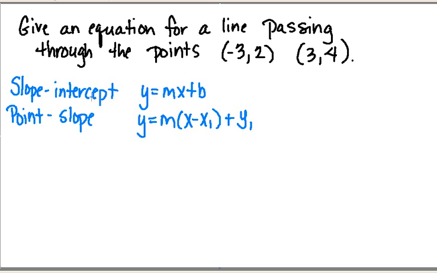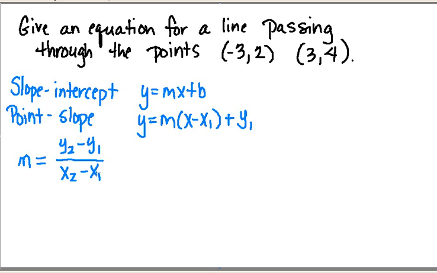But regardless of which equation I'm going to use, my first step is to calculate the slope. The slope of the line can be defined as the change in y over the change in x. More exactly put, it's y2 minus y1 divided by x2 minus x1.